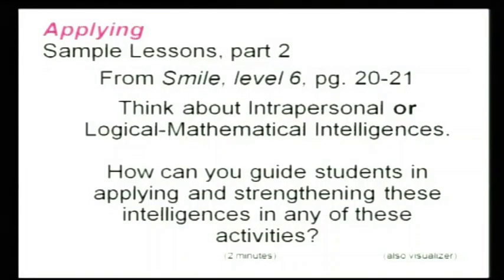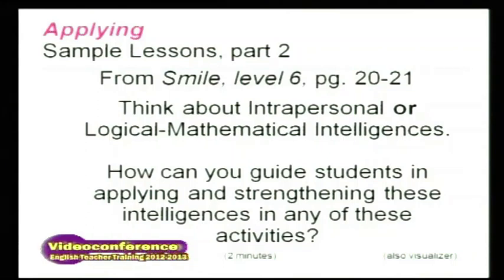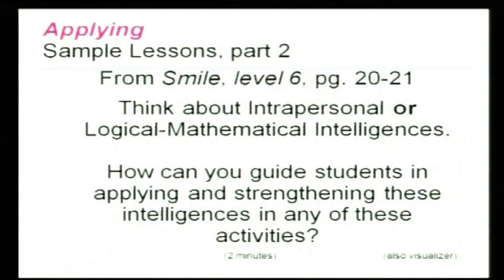And in this activity, I'd like you to think about the 2 intelligences we discussed briefly today, the intrapersonal and the logical mathematical. Pick one, pick both, up to you. So from this textbook, or the 2 pages, how can you guide and help your students in applying these 2 or 1 of these intelligences in any kind of activity?